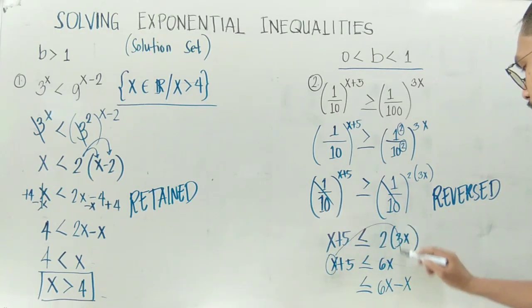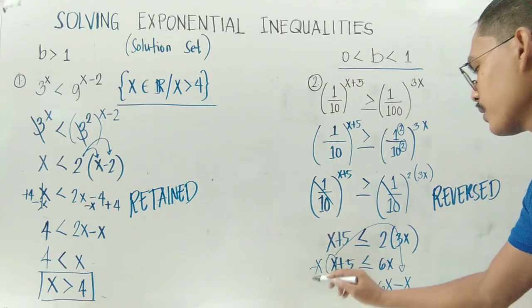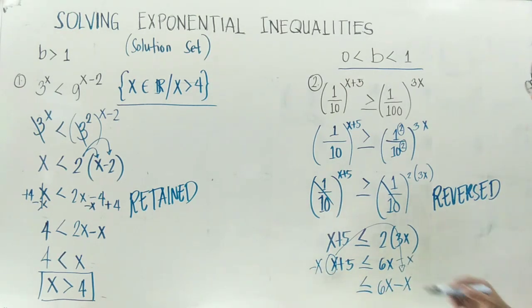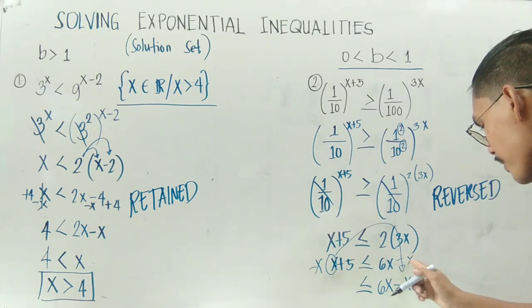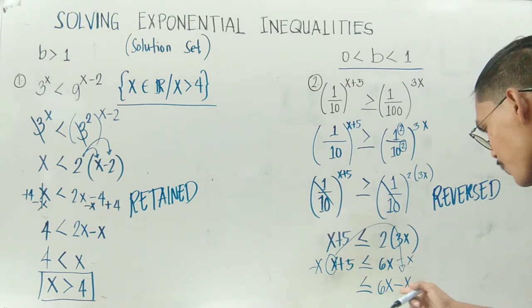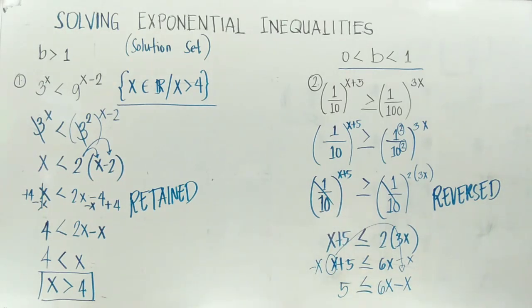So the positive x in here will be transferred and it will become negative x using the subtraction property of inequality. So eliminate x on the other side, minus x, minus x. So we have 6x minus x. X will be eliminated on the other side. The remaining will be 5.